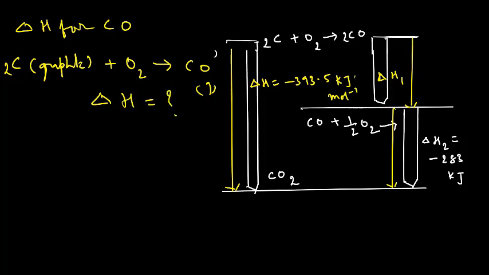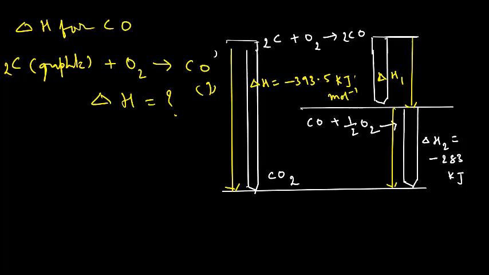Why can we not find it directly? Because when combustion of carbon takes place, though carbon monoxide forms, still a certain amount of carbon dioxide also forms along with the carbon monoxide. Therefore, the enthalpy change for carbon monoxide cannot be found directly from this reaction.